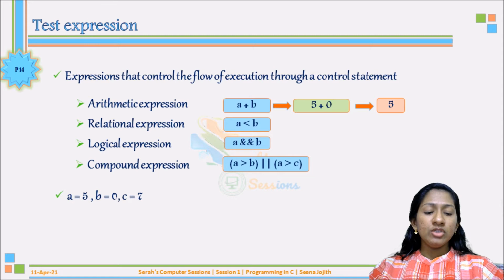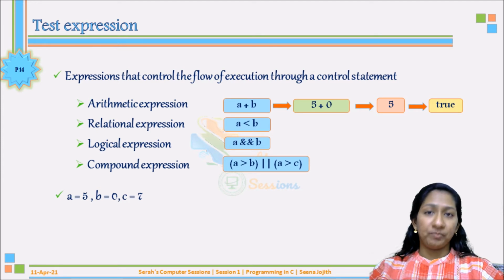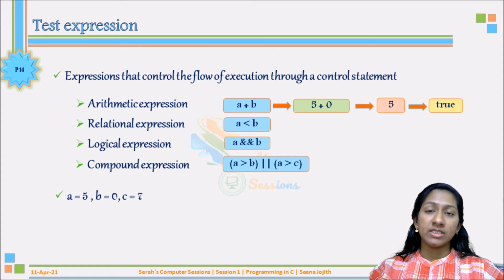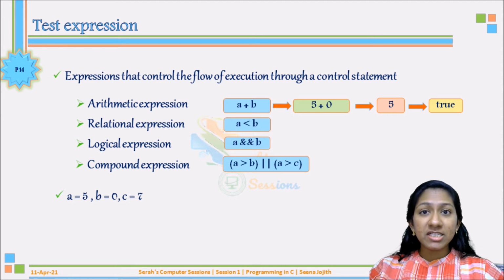So when you are getting 5 for a plus b, that means you are getting a positive value, right? In most compilers, a positive value is considered to be true. So if you evaluate an expression and the compiler gets a true value, that means the condition you have checked at that instance has given you a true value.